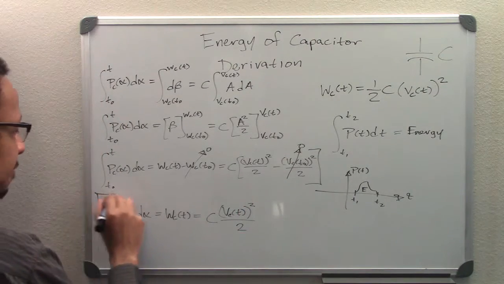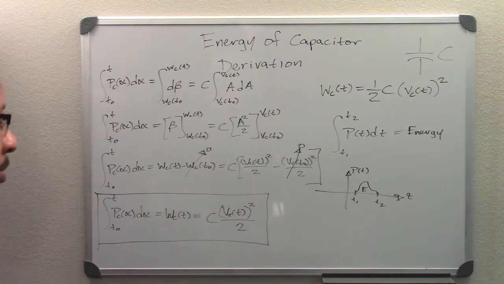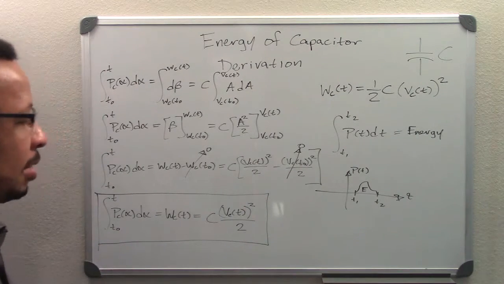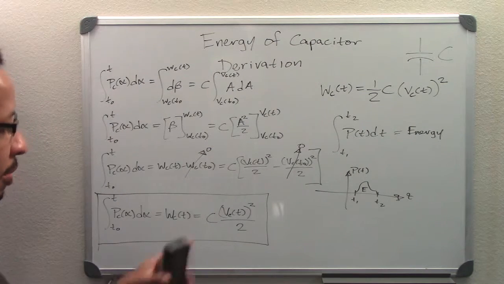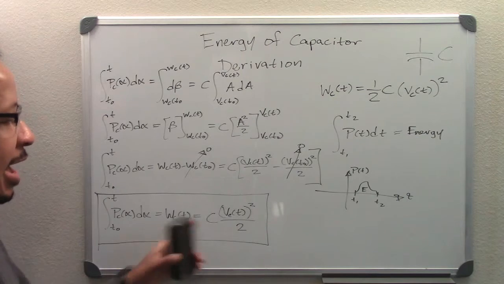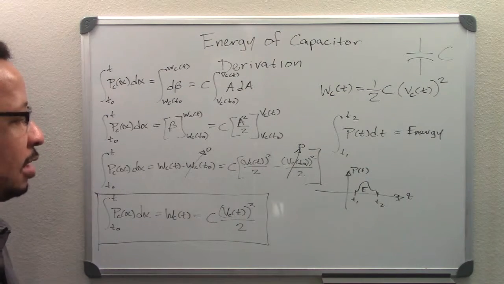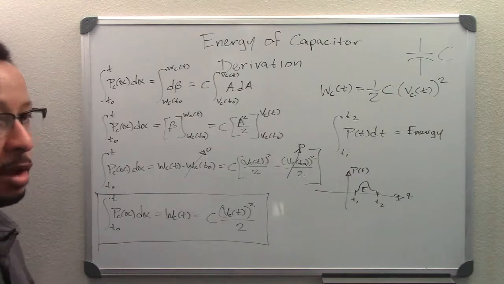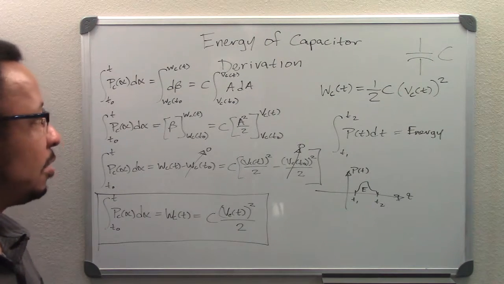And so this is our final formula, and this is how we come about that in textbooks. Of course, you bring the 2 out in front here, and then that'll be a half times C times Vc of t squared. And so this is how we can derive this formula.